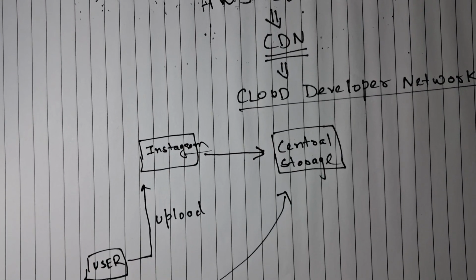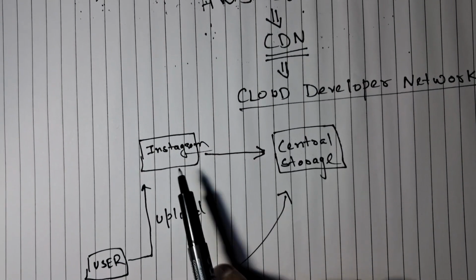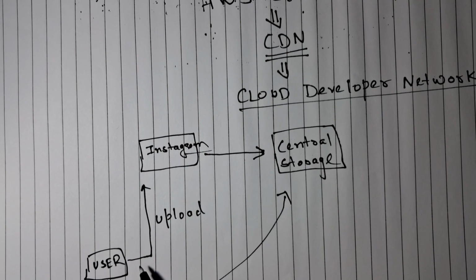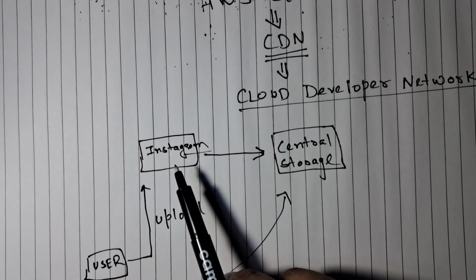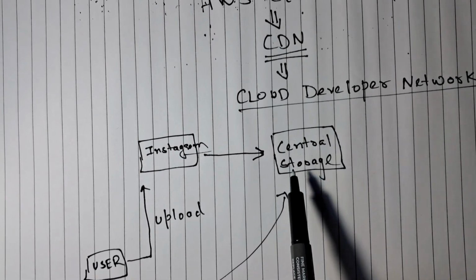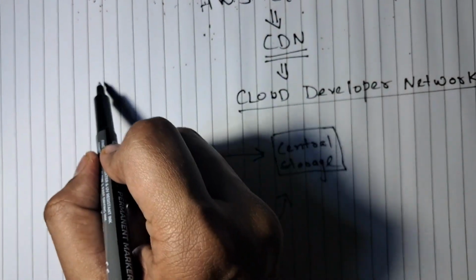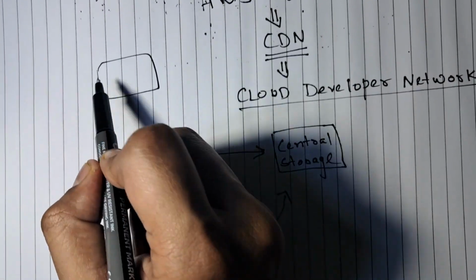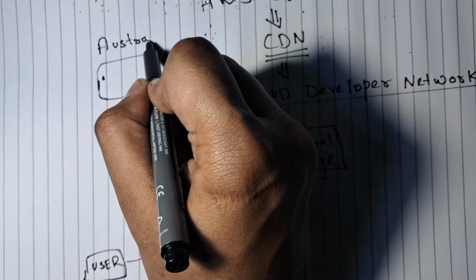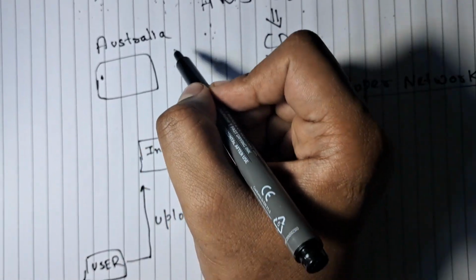Now let's say there is no CDN right now in this phase. So let's say this is the process which Instagram follows. Whenever any user wants to upload a photo, they come to the Instagram portal and Instagram sends it to the central storage. But now let's say my friend is in Australia and wants to see what photo I uploaded.